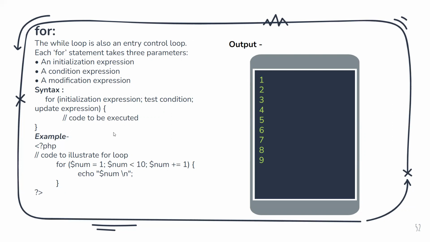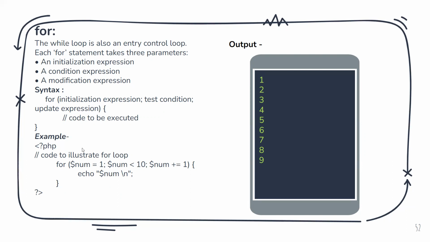It is stronger than the while loop, because within the braces itself, we can use the initialization expression, the test condition, and also the update expression, all within a single statement. So that's why it's stronger than while.